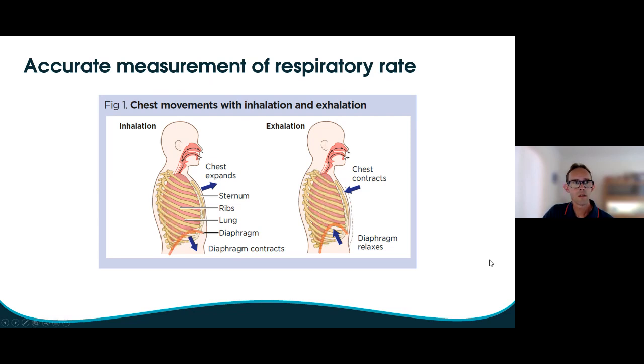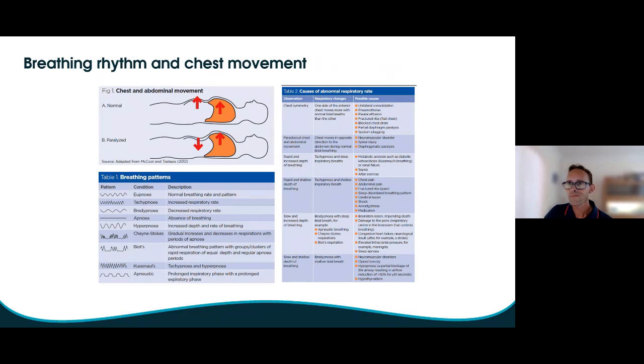So the changes in demand on the body are generally due to compensatory mechanisms as a direct result of a chemical imbalance. And the primary cause may be mechanical, metabolic, or neurological. Changes result in an increase or decrease in respiratory rate, depth of breathing, and the pattern of breathing.